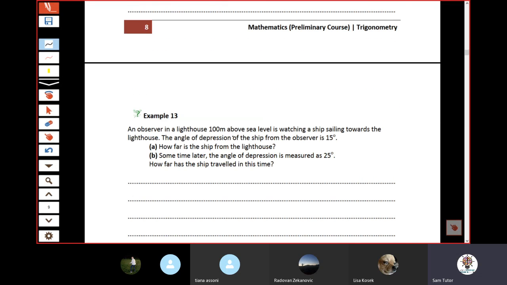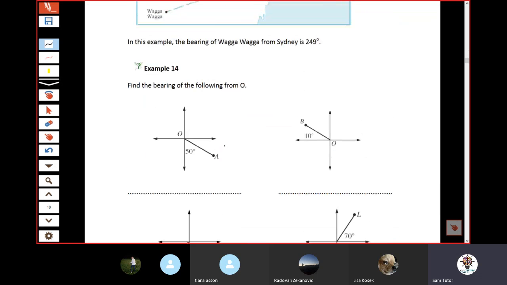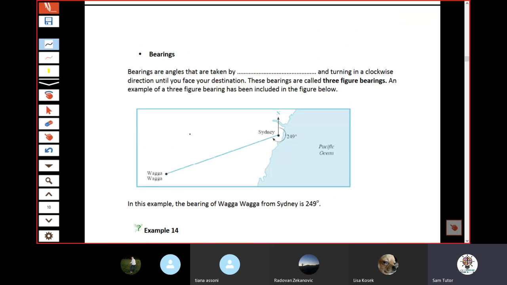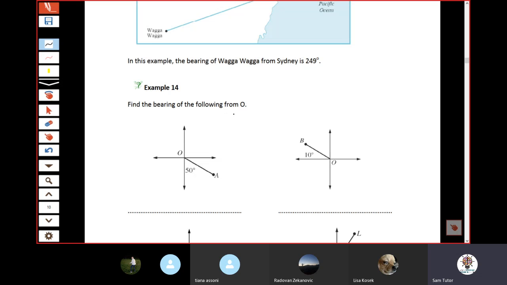Scroll down. We'll do a bearing question. Okay. Bearings that are taken by north. So find the bearing of the following from O. Don't forget it starts from north. So the bearing would be 180 minus 50 degrees, which equals 130.